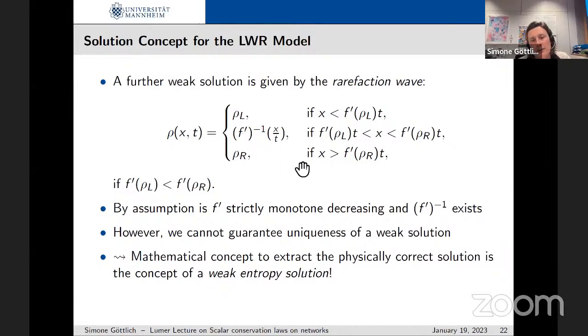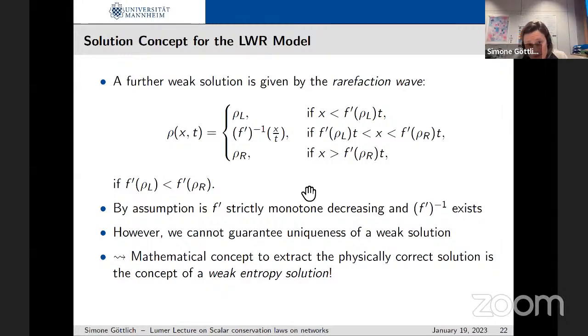Again, we have different regions of solutions, so rho L, rho R, and something in between, which is given by the inverse of the derivative of the flux function, under the condition that f prime of rho L is smaller than f prime of rho R. By assumption, we know that this f prime is strictly monotone decreasing and that the inverse exists. This was one of the assumptions we put on the flux function.